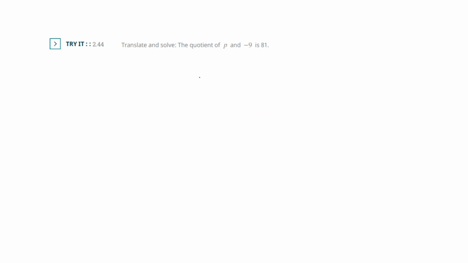Okay, a lot of the same thing here. Quotient of p and negative 9 is 81. So multiply both sides by negative 9. Those will go. I get negative 729.